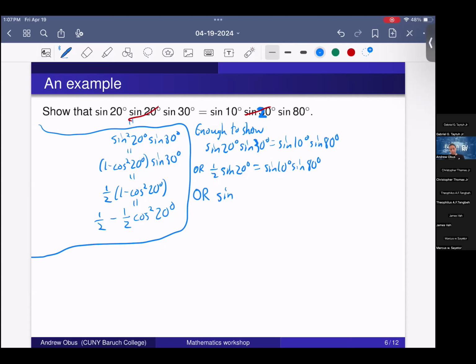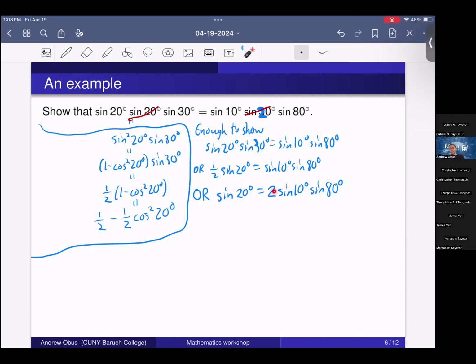So it's good enough to show that sine of 20 degrees equals 2 times sine of 10 degrees times sine of 80 degrees. If we can prove this, then we can prove the original identity. Now, what is this?